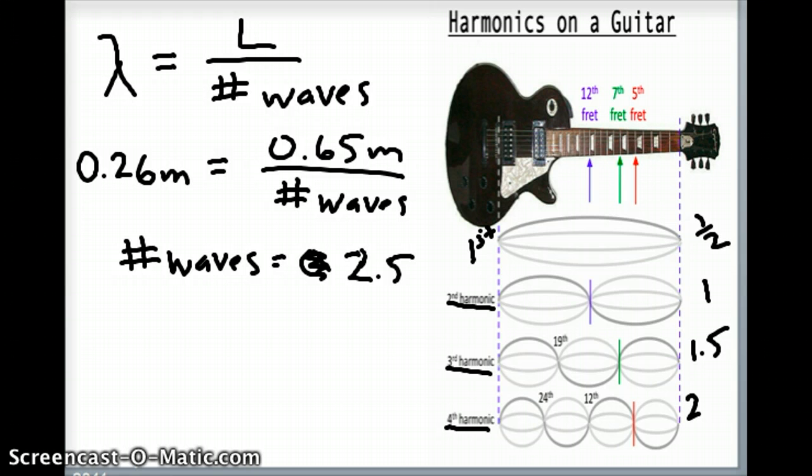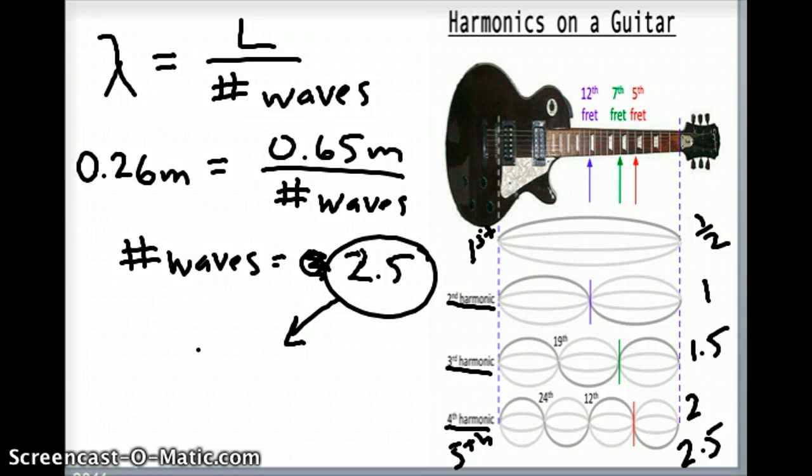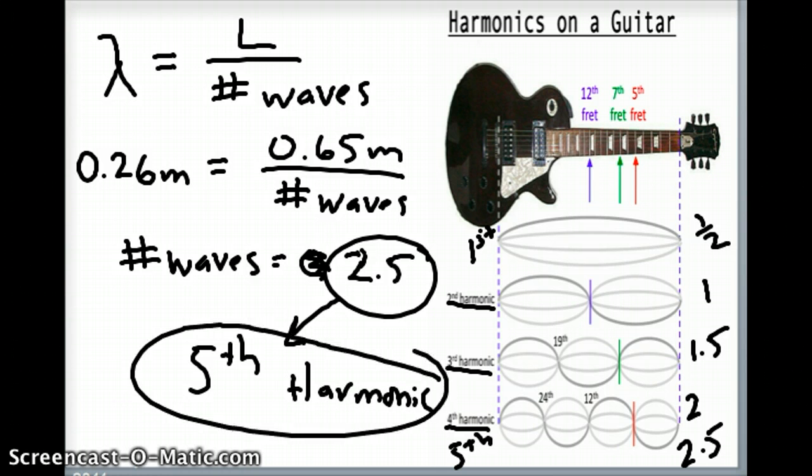It increases by a half every single time. So if we were going to get 2.5 waves, we would be in the 5th harmonic. So there's our answer. The 2.5 waves tells us we're in the 5th harmonic.